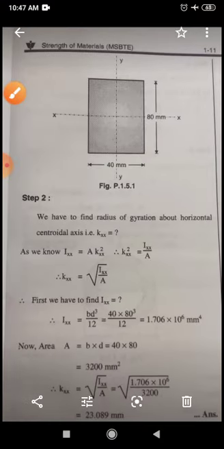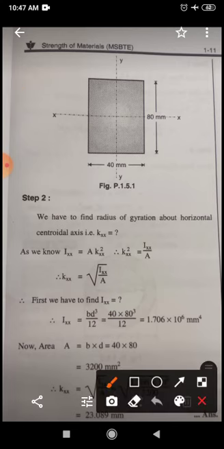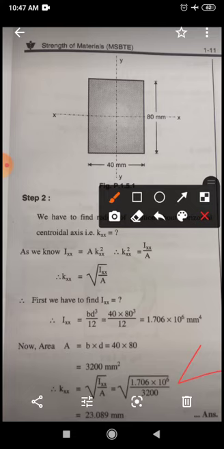Okay, you got this. For calculating radius of gyration, we have the formula kx, that is radius of gyration, equals root of Ixx upon A. Therefore we calculated the moment of inertia about that axis.